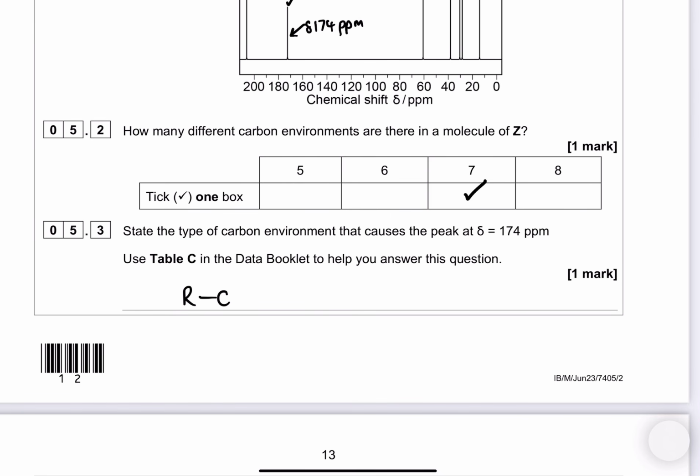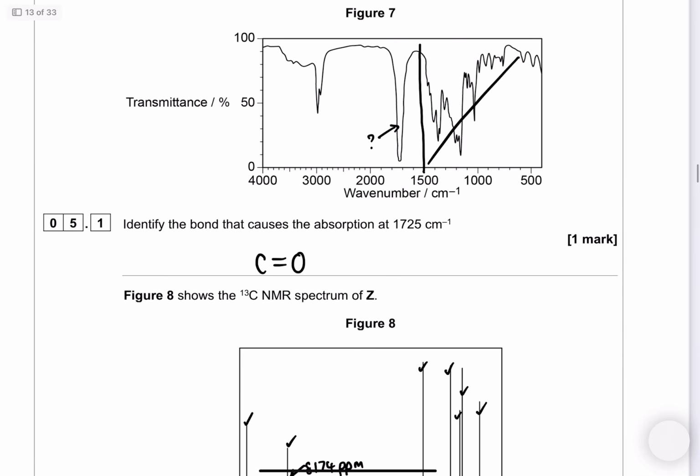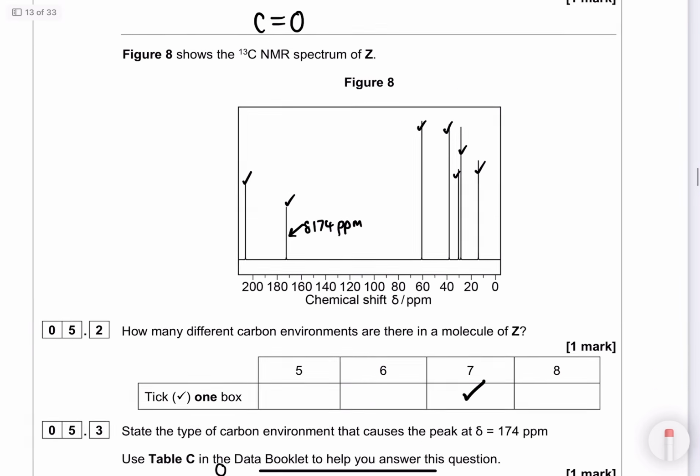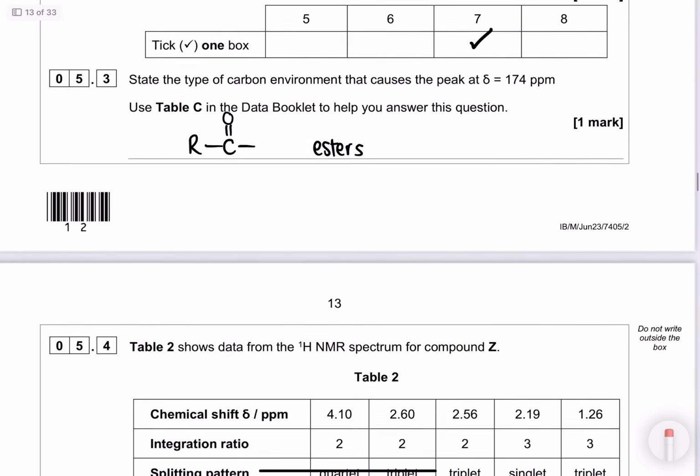RC double bond O in acids or esters. Now I'm not going to put in acids. The exam board would ignore it if you did. The reason I'm not putting in acids is because that infrared that we had is not an infrared of a carboxylic acid. If there was a carboxylic acid here, it would have a big peak here due to the OH group in the carboxylic acid. So it's an ester with 7 types of carbon.